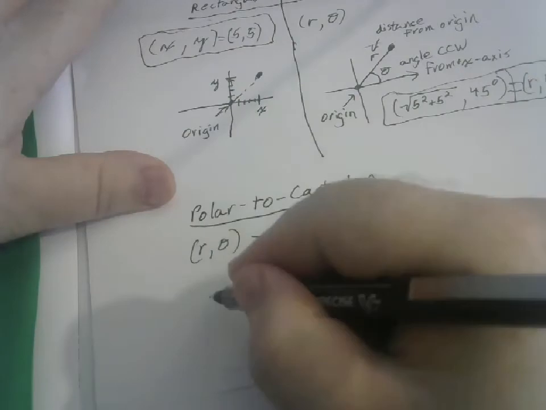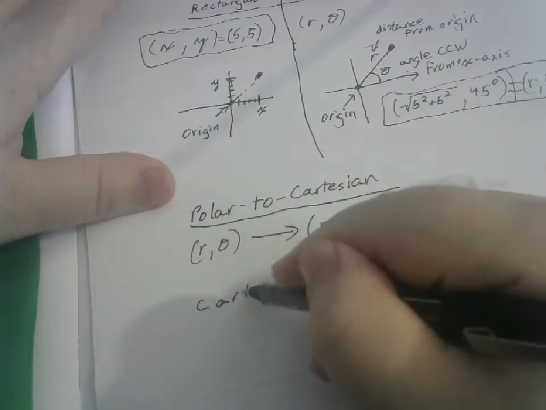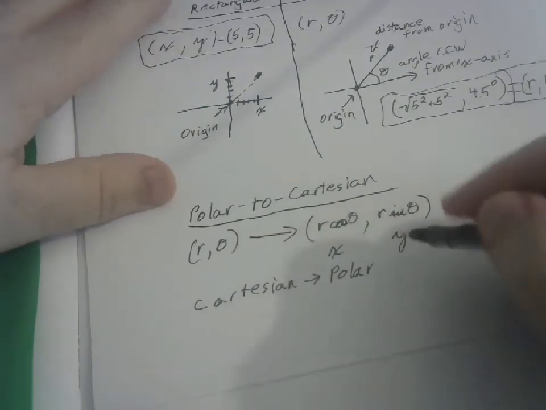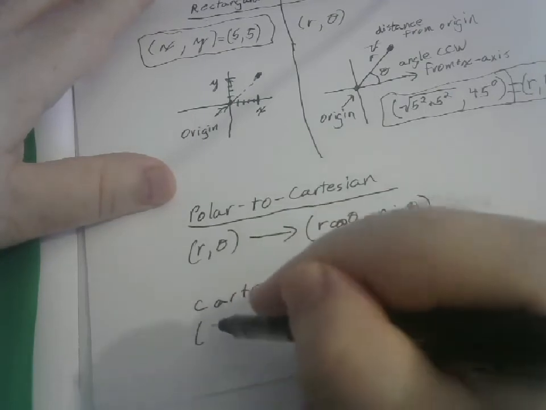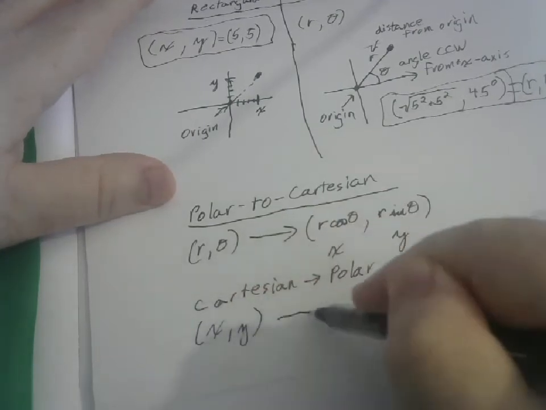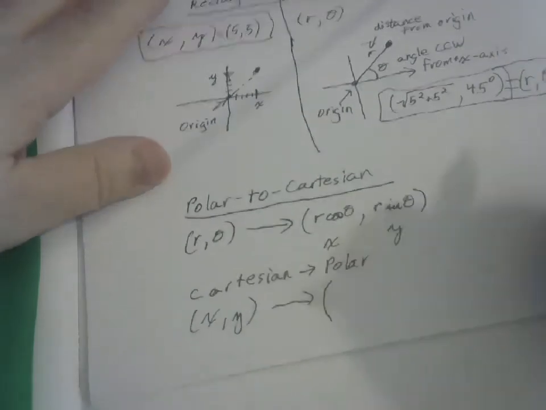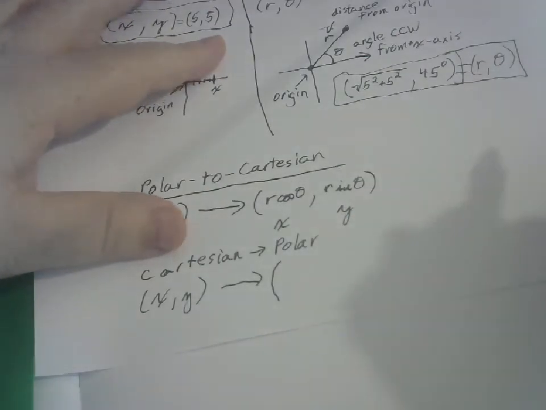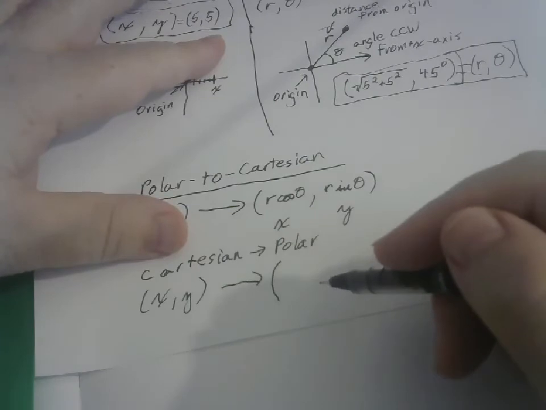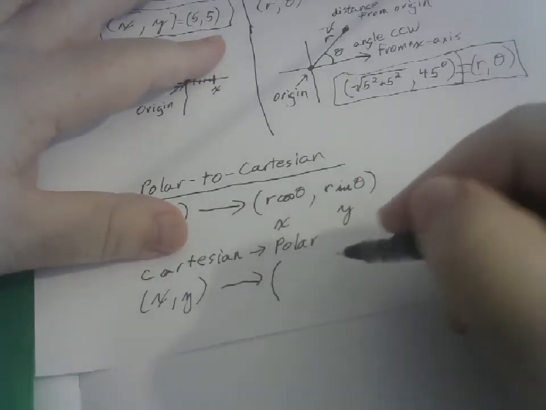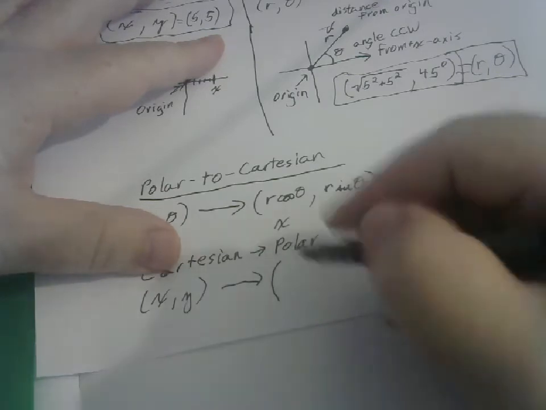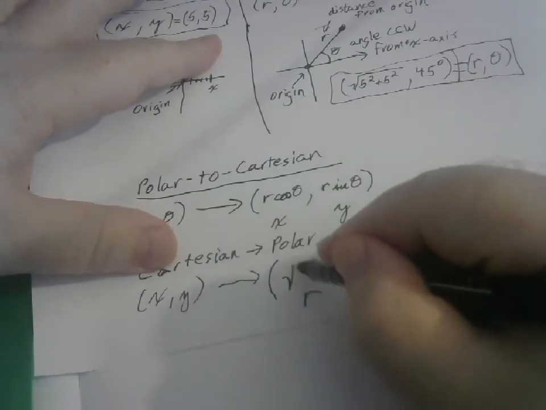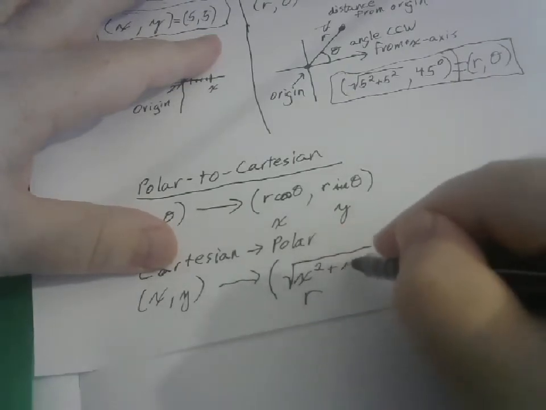Now, if I want to go from Cartesian to polar, we will go x comma y, and this one's a little bit more complicated, because this one had pretty similar formulas for both of them, and this one is going to have a strange format. r is going to be the square root of x squared plus y squared.